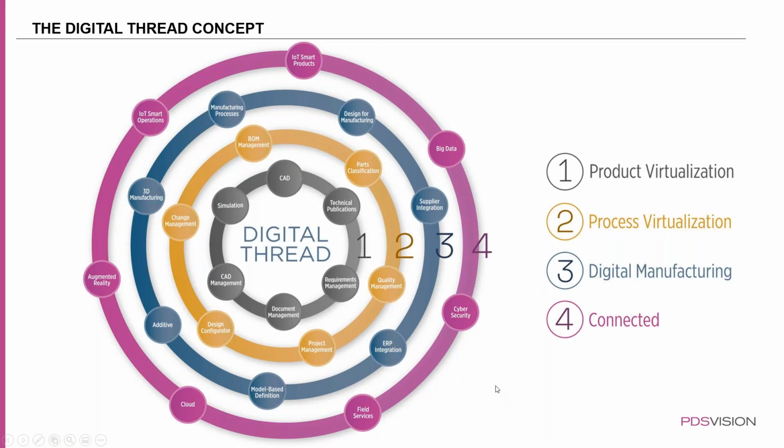Basically, once your product is out in the field operating, you're going to be able to monitor how it behaves, monitor to see if it is being used properly, and then all the feedback information that's coming from the product in the field is then brought in and applied to the next generation of that product.